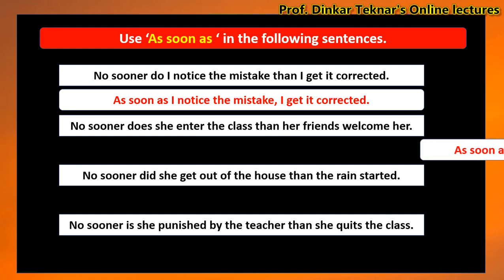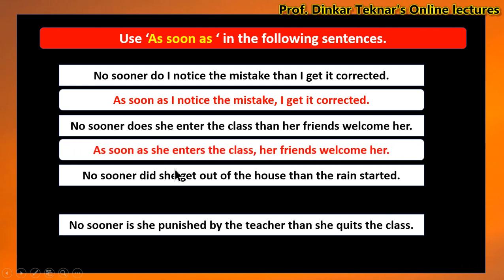So the answer is, as soon as she enters the class, her friends welcome her. Here we have removed does and so the verb enter becomes enters, because when does is removed, s is given to the main verb. Then as there was than in the given sentence of no sooner, than is removed and a comma is given here.